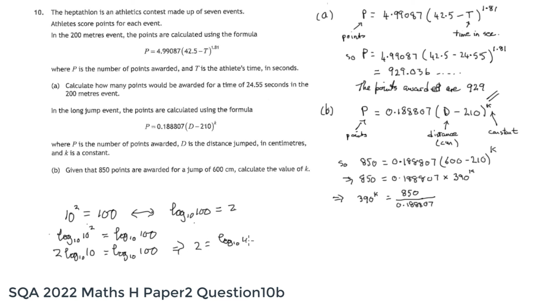Now why am I doing all this calculation? Because 2 is the power. 2 is the wee power up here, and I've got that in terms of the 100 and the 10 by taking log to the base 10 of both sides.